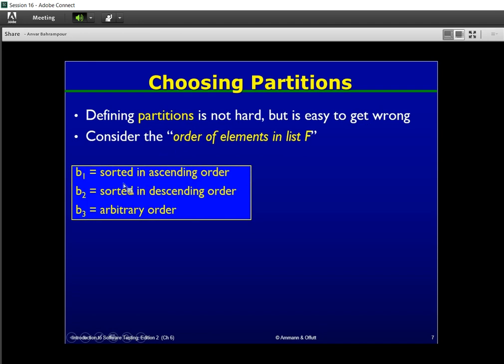because when we consider the characteristic of the order of elements, we could simply partition the domain into 3 blocks. The block B1 is for lists sorted in ascending order. The block B2 includes all lists that are sorted in descending order, and block 3, the third block, includes all lists that have an arbitrary order.